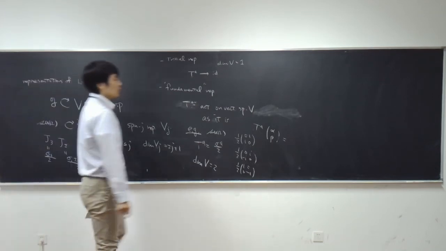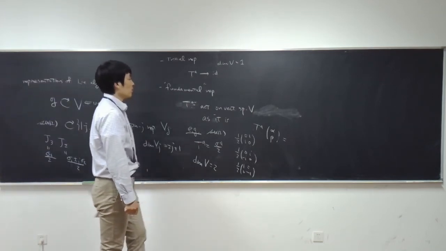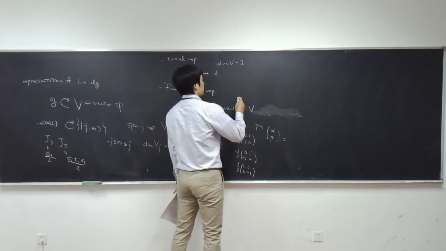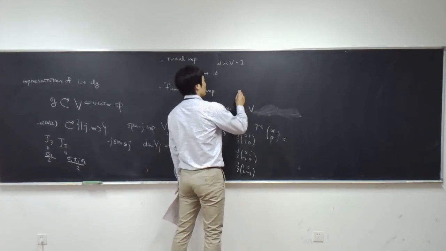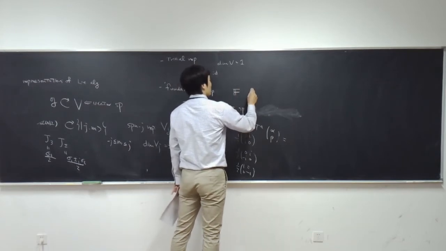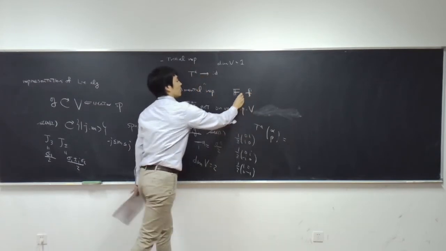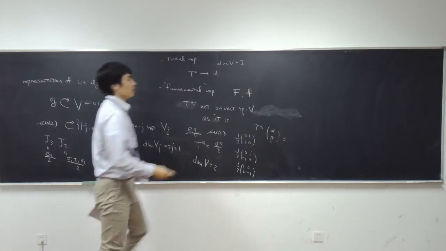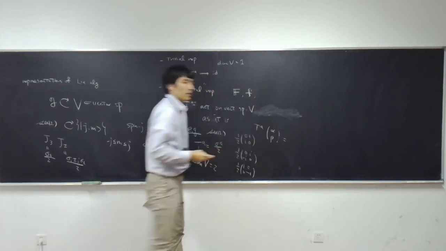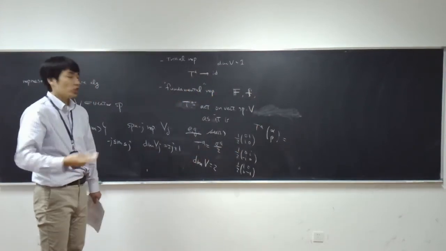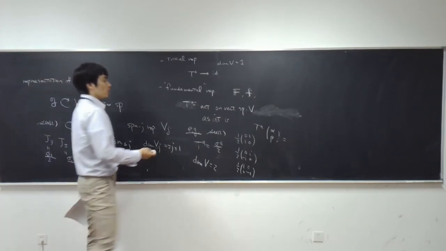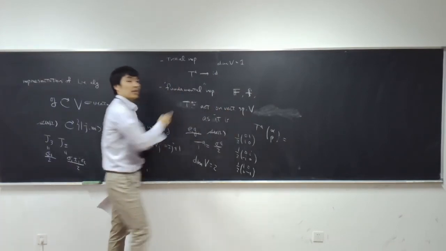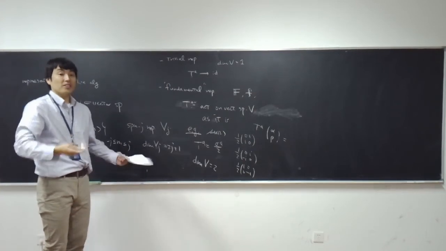People sometimes write a bold F for the fundamental representation, but physicists often write the dimension of the vector space to express the representation.